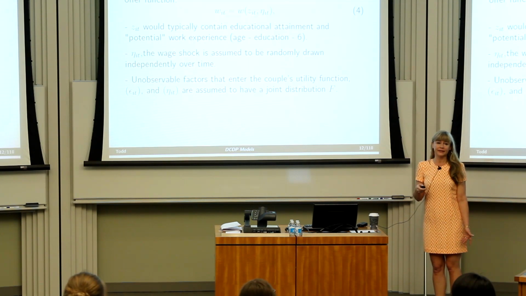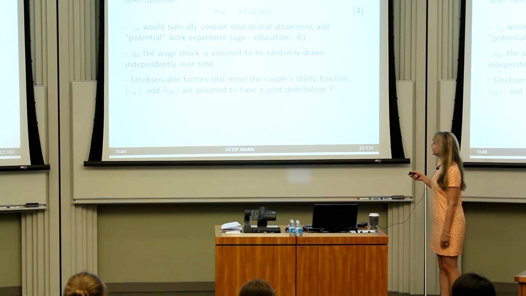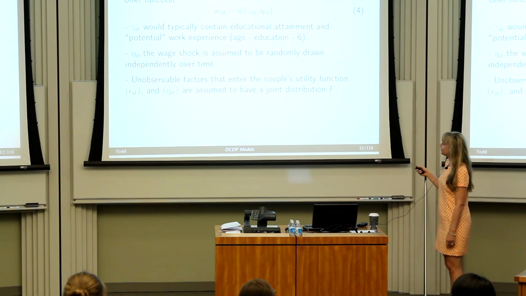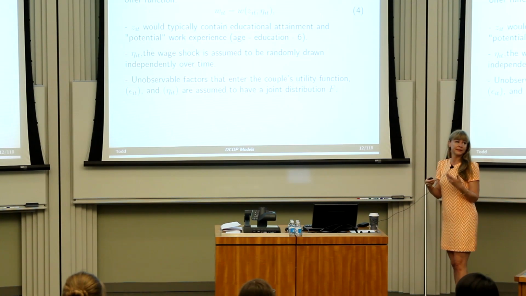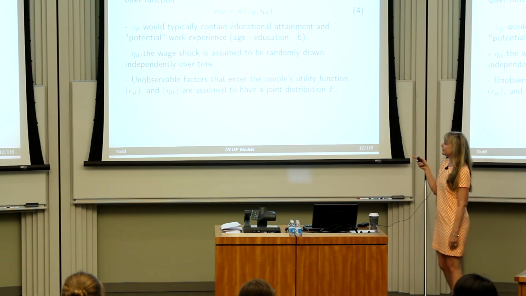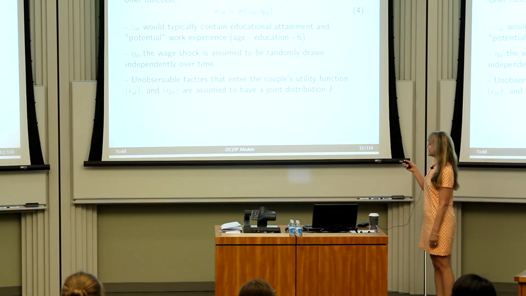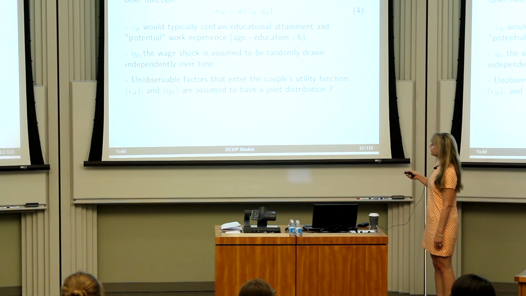Oftentimes when people don't have data on actual experience, they use what's called Mincer experience, which is age minus education minus six. But later we'll look at how you can incorporate actual experience into a dynamic version. Right now this is just static. And we'll also assume wage shocks are just IID.